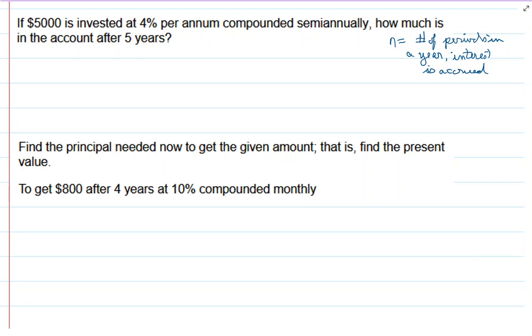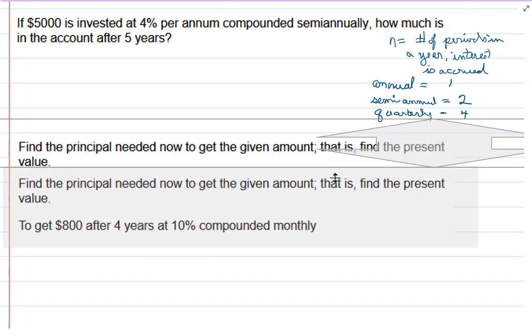So if it's annual, which is kind of silly, it's one time. N is 1. If semi-annual, it's 2, twice a year. N is 2. Quarterly is the most used in our finances, and it is 4. There are 4 quarters in a dollar.